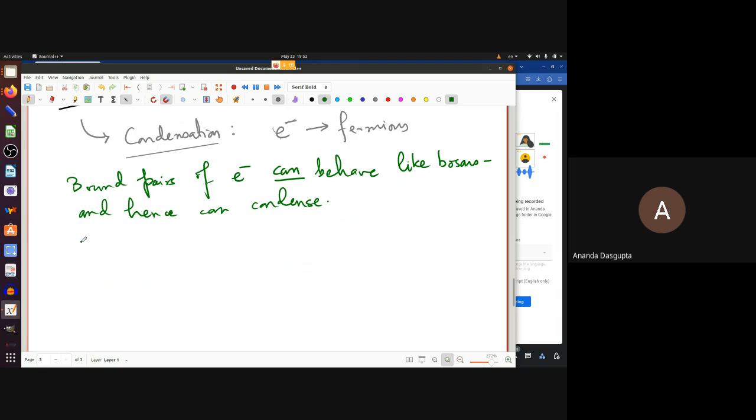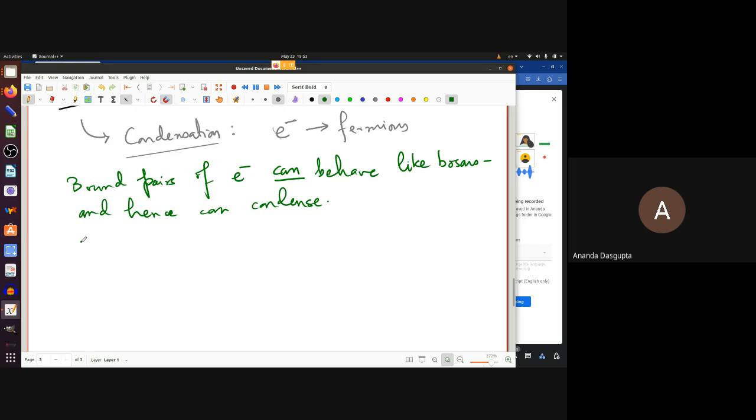Or why don't we expect electrons to form bound pairs?